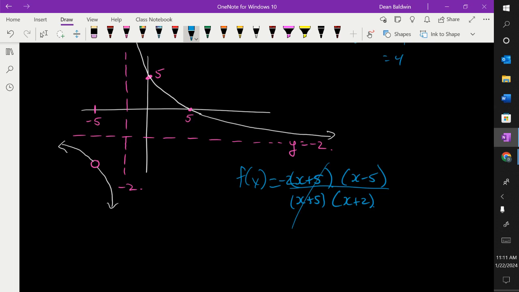Not unless you did something wrong. So if we go -2, y-intercepts when x is 0, over 2, cancel, negative, negative, positive. So it's 5. Okay? All right? We're done.